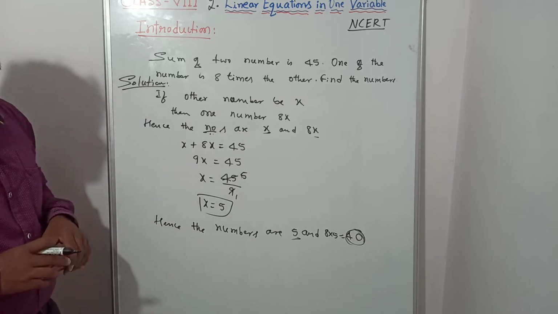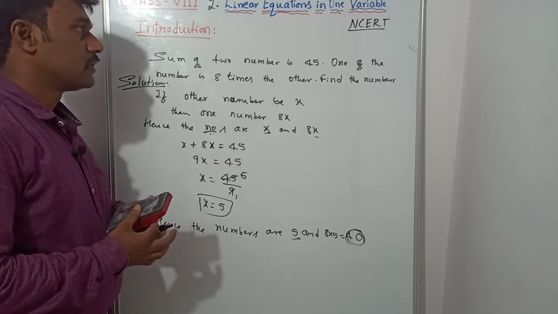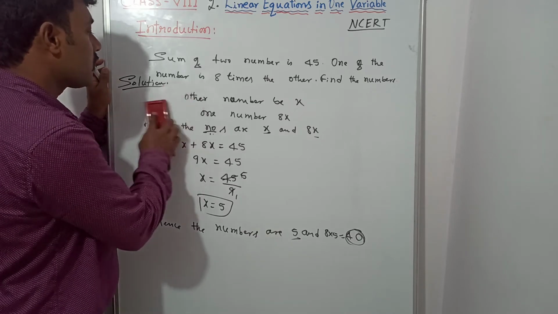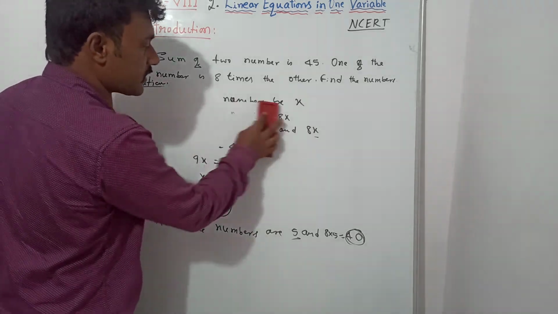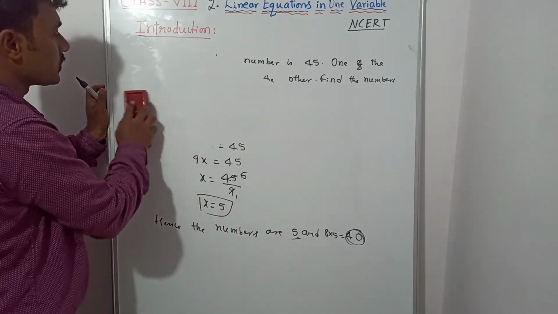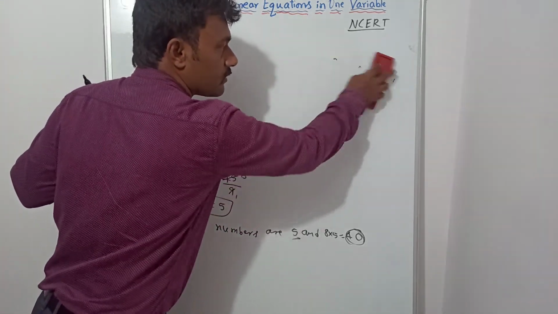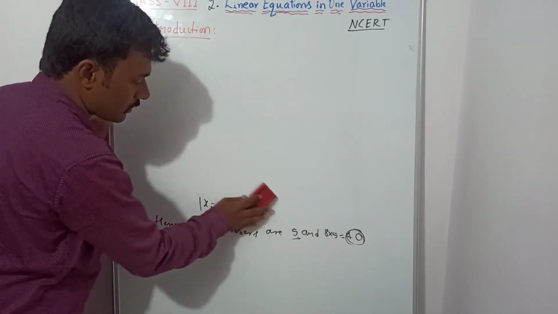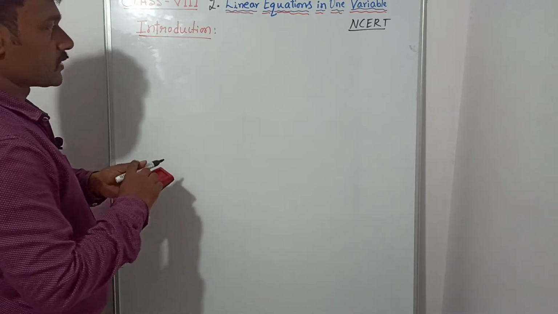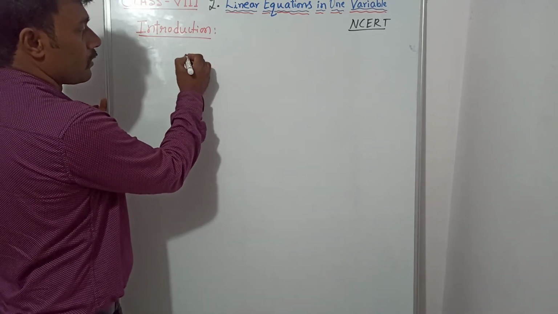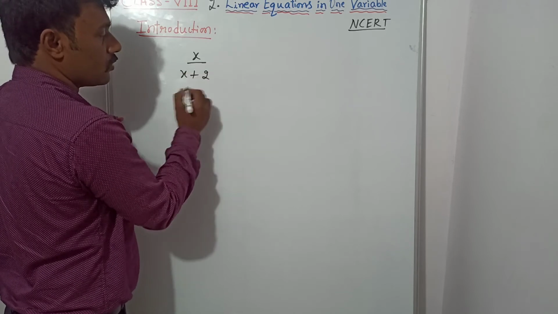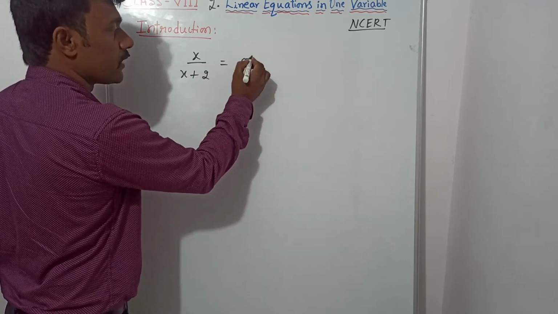Then after this, we are going to learn one more method, that is the cross multiplication method. There we can observe next level questions. That is also like the first exercise, but quite complicated sums. So we will mix some more numbers along with x. For example, x by x plus 2 is equal to 5 by 3.